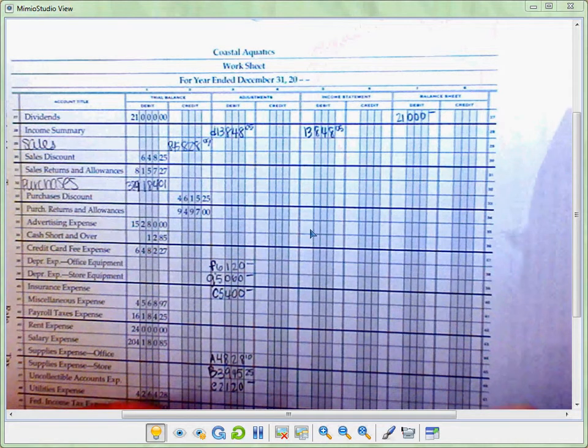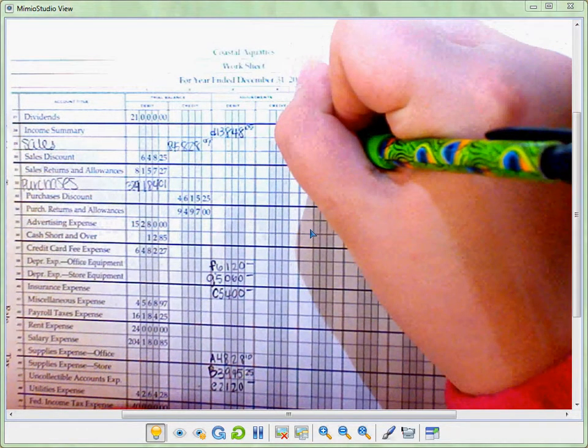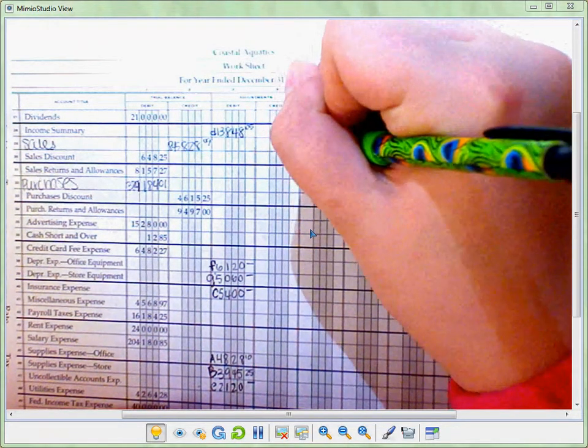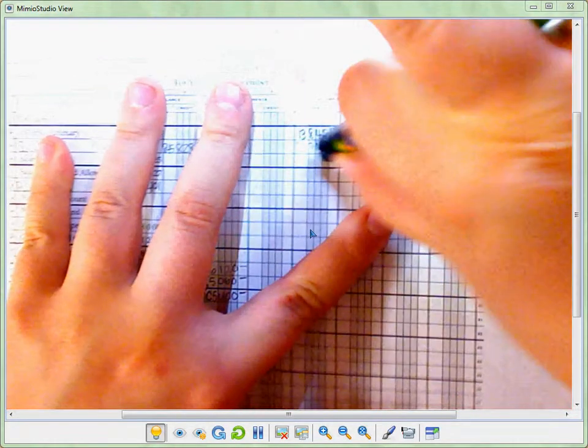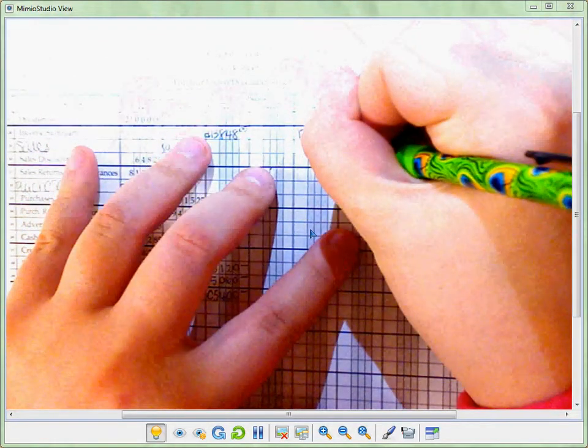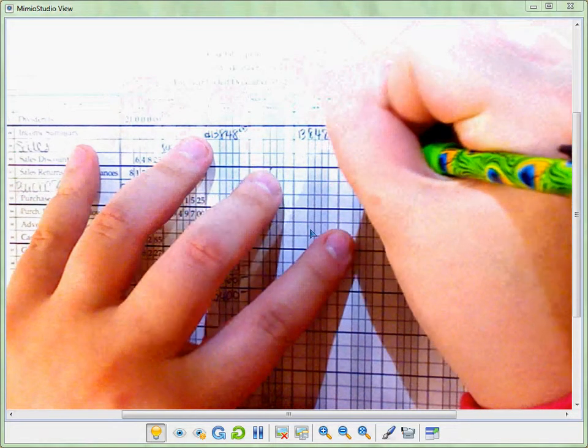Next line is $845,000 in the credit. Sorry, credit. $845,828.09.